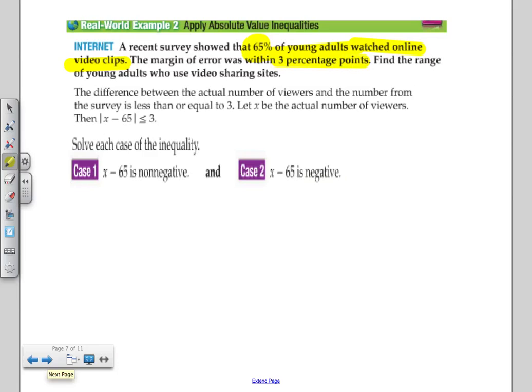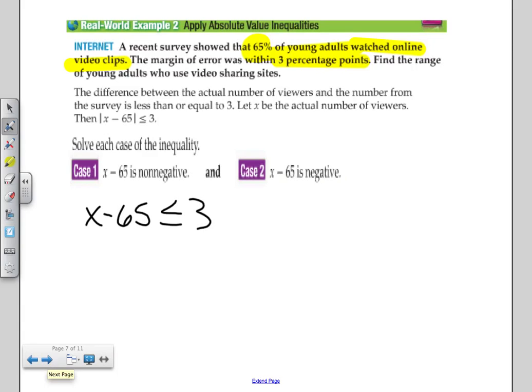Find the range of young adults who use video sharing sites. Okay, so we have case 1, which will be non-negative, and case 2, which will be negative. So we'll have |x minus 65| is less than or equal to 3.